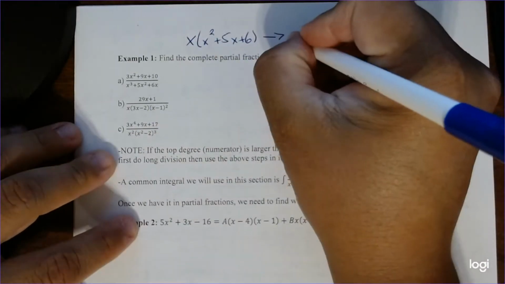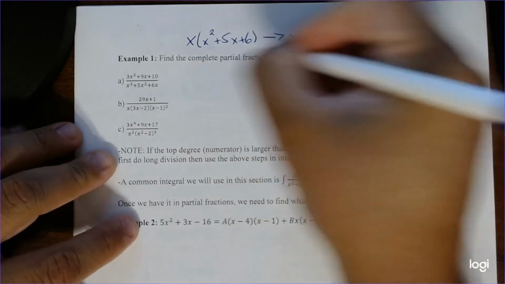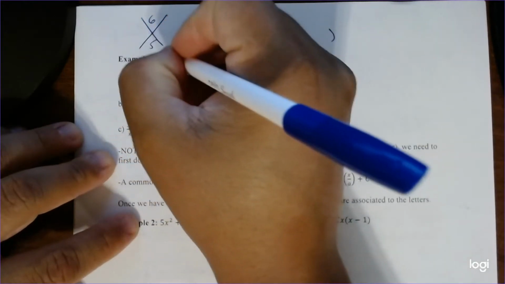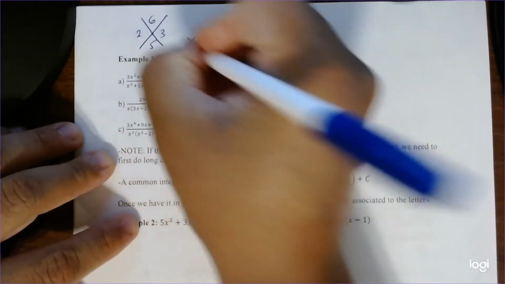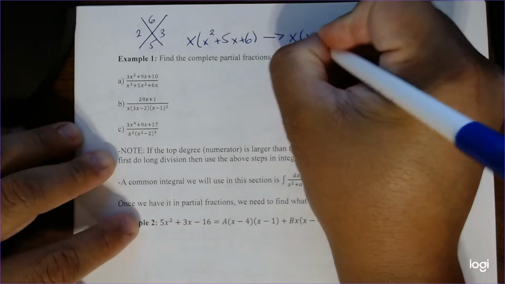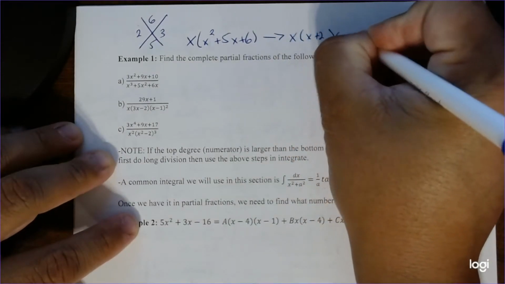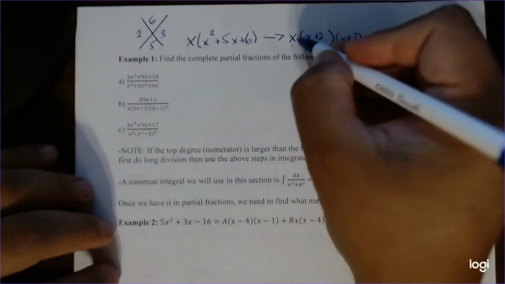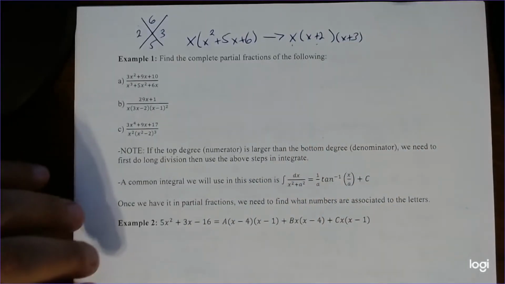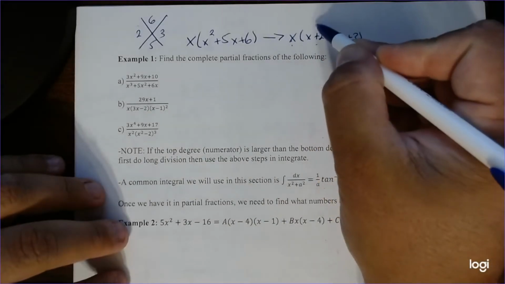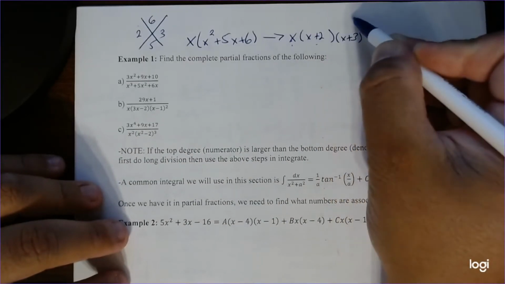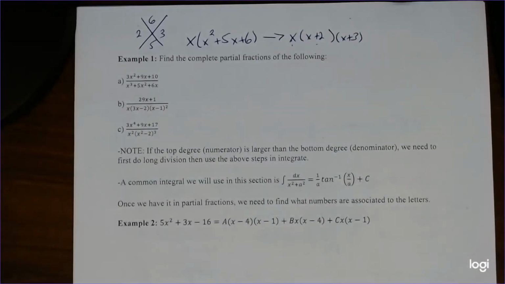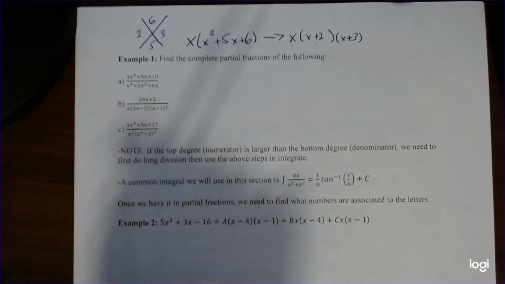The top is already done, and for the bottom you could just do the x method if you forgot, a simple way of factoring. Easy: 6 and 5, therefore it's going to be 2 and 3. So this is x plus 2, x plus 3. We have three different factors, therefore we're going to have three different fractions added together: a over x, plus b over x plus 2, plus c over x plus 3. Three completely different factors.